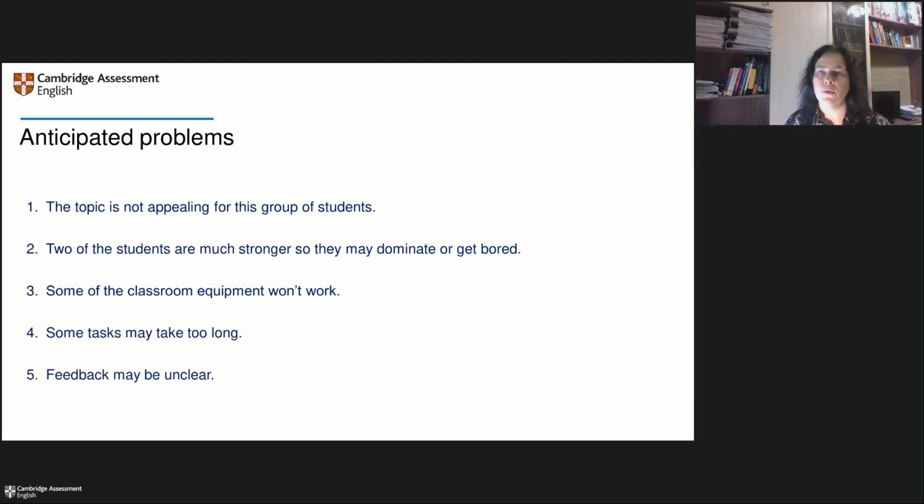How about number 4? Yeah, good. Obviously, we can shorten tasks. How can we shorten a task which is like speaking, a role play or something like this? How can you do that? Okay, homework. Speak at home. That's a good idea.